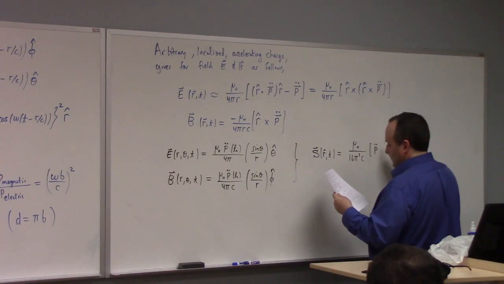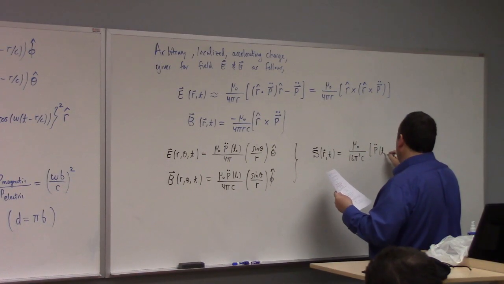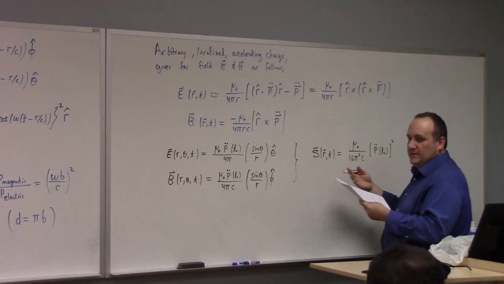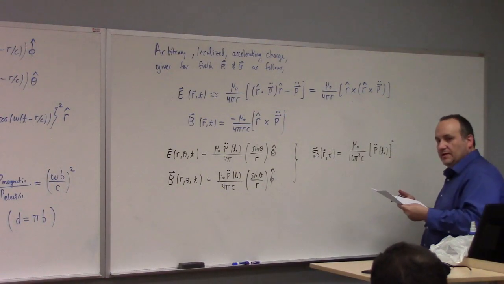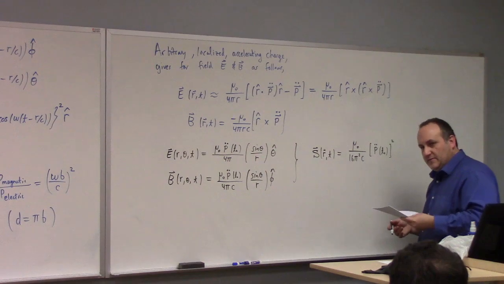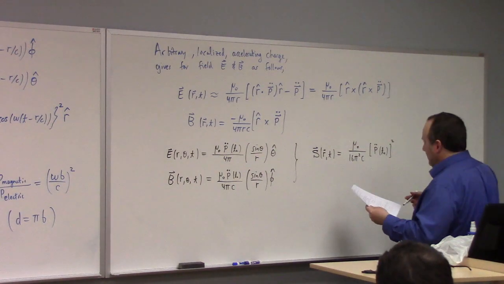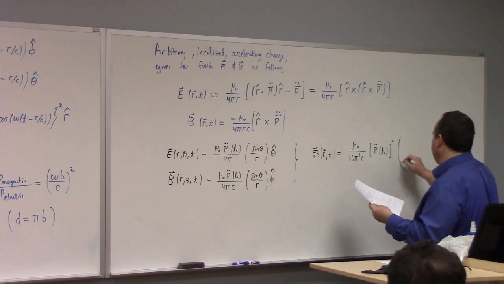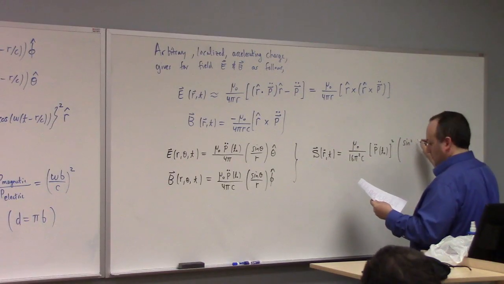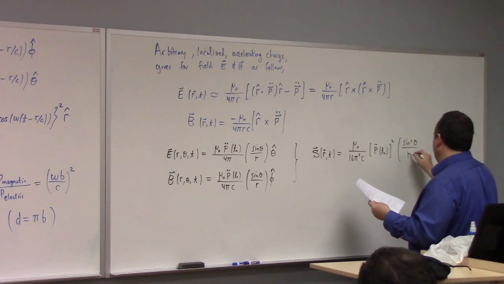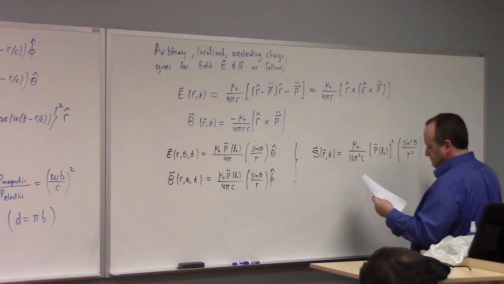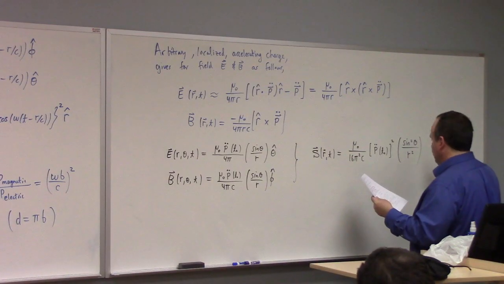This should supersede the previous two examples as special cases, because this is for any localized distribution of charge, of which the electric and the magnetic are just particular examples. R hat.